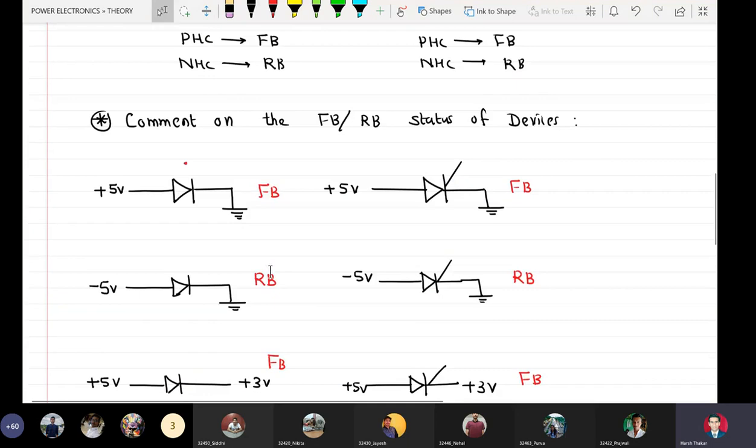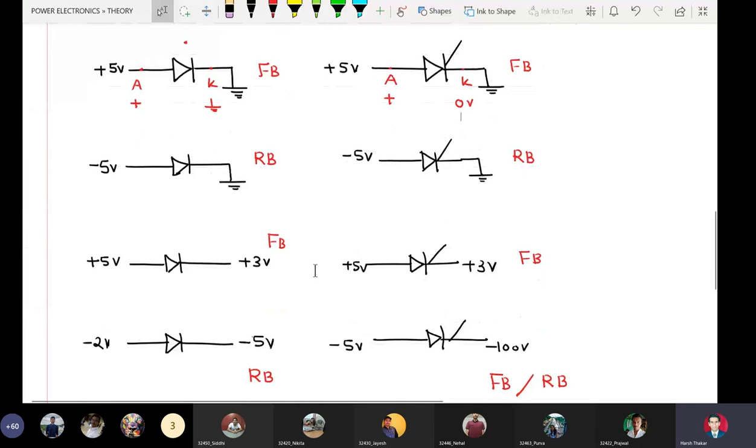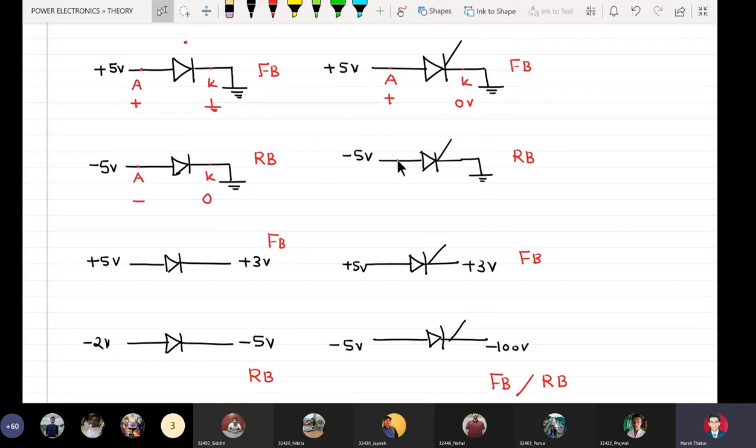Because here, A is connected to positive and the cathode is connected to zero potential. Here, the same thing, the anode is connected to positive and the cathode is connected to ground. Here, the anode is connected to negative and the cathode to ground.